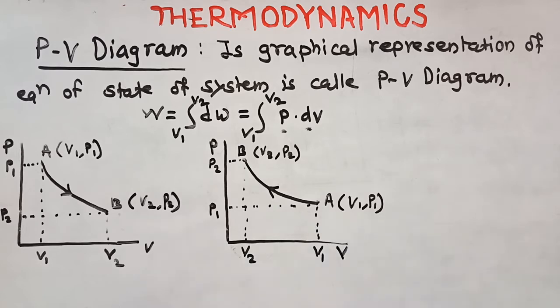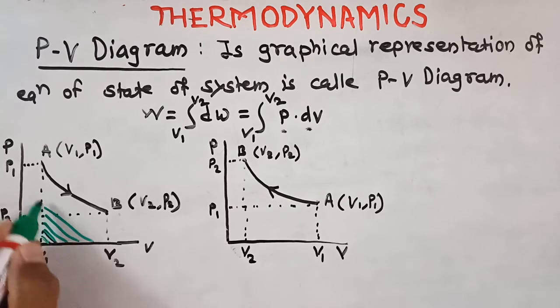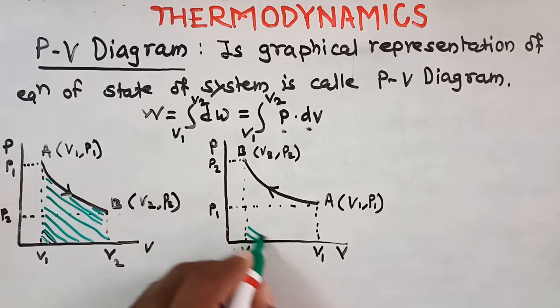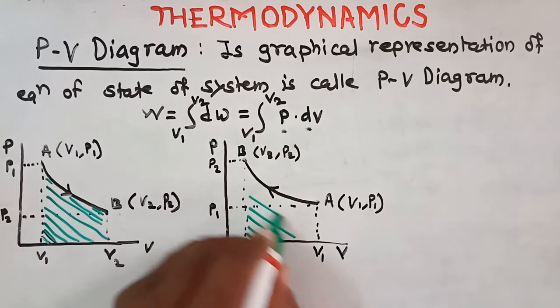The integral that represents the work done, and the work done is the area under curve. So we are interested to find how much area is under curve. In both the two cases, this is the area under curve.